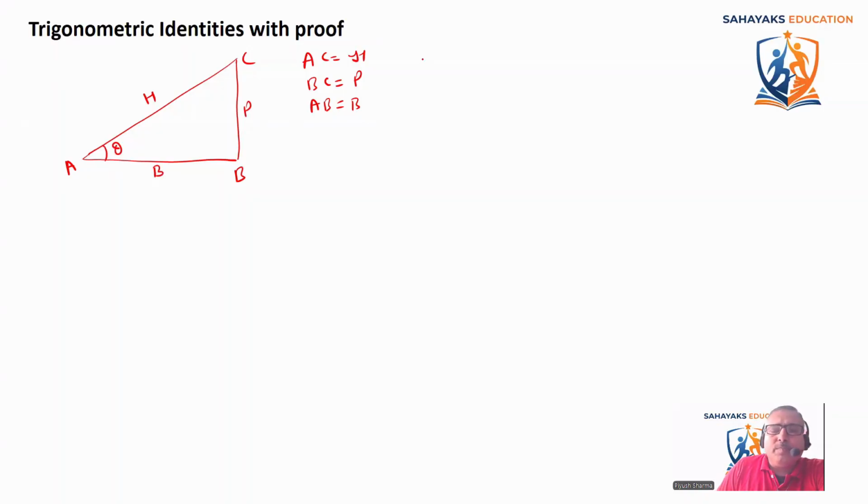Now, we know by Pythagoras theorem, which is a pretty simple theorem, h square is equal to p square plus b square.